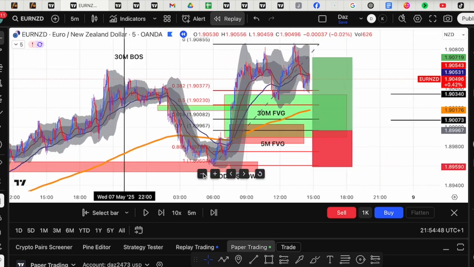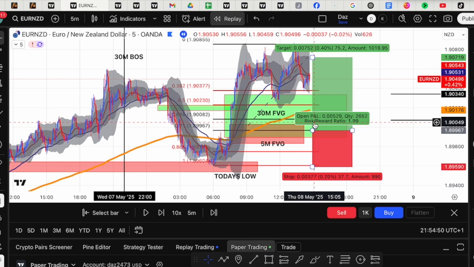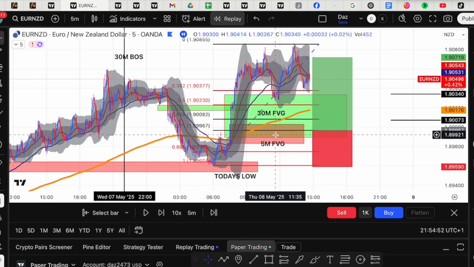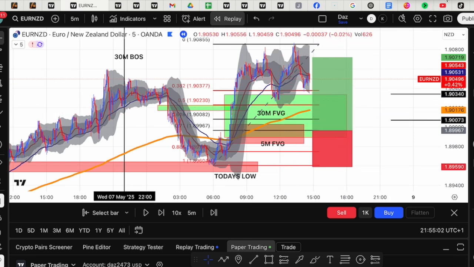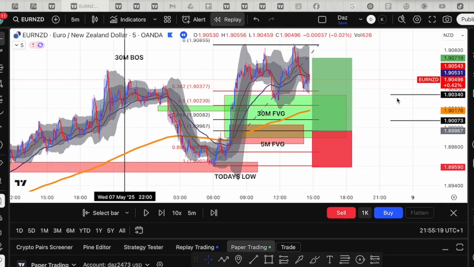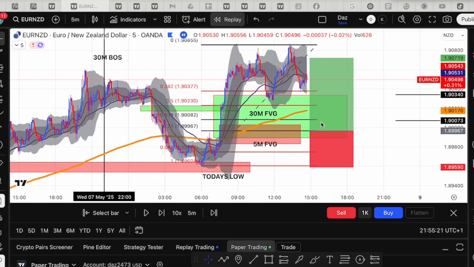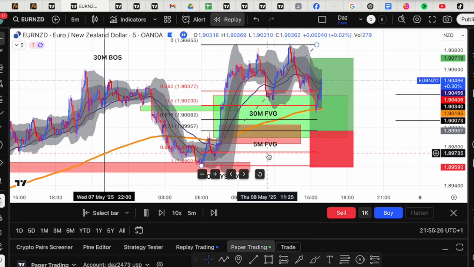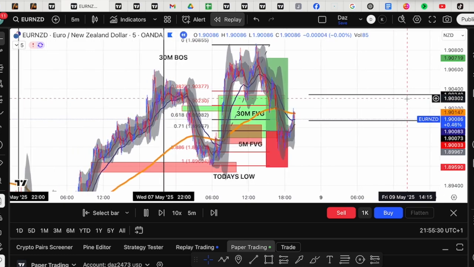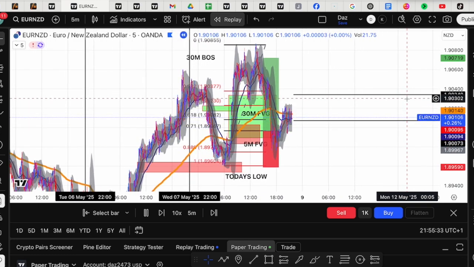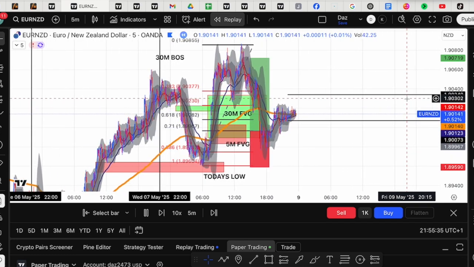So I'd put my fibs from the low to the high, 71, bang on the 71, right in the middle of the 5 minute fair value gap and the 30 minute fair value gap. And then I would have set my pending order in, and then we'd have played it off, came back down, tapped it, and then went up like a rocket. Or did it? Can't remember.